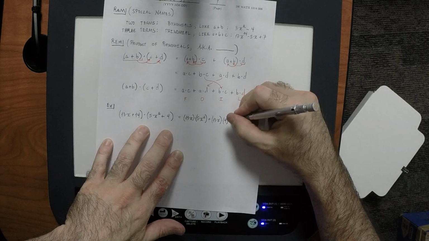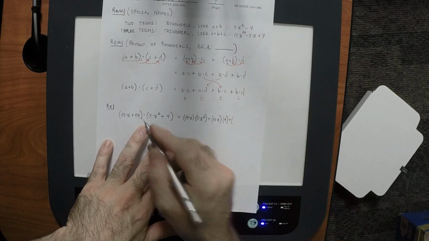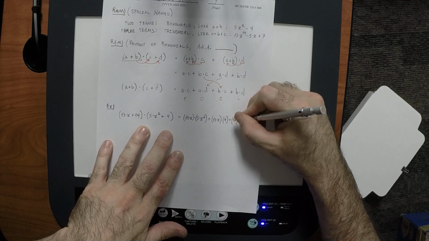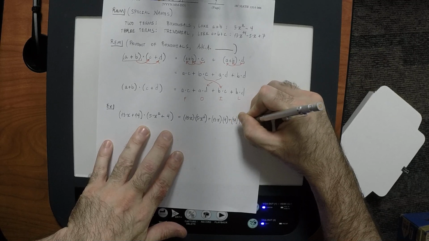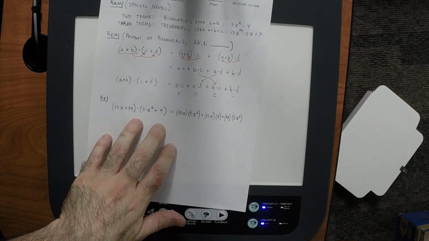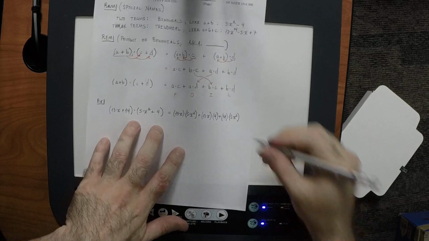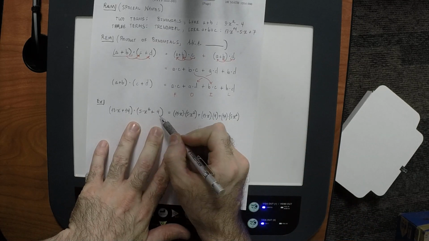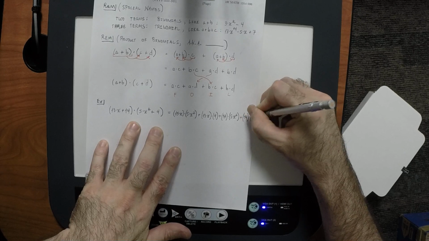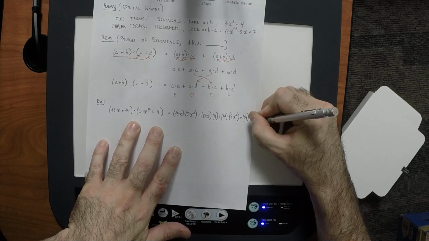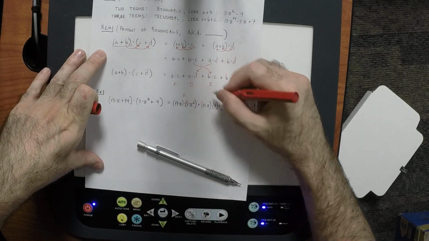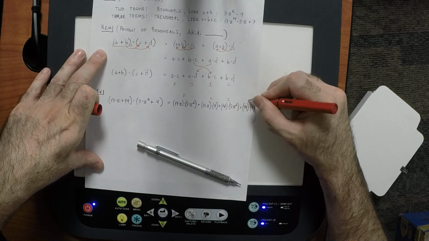The I terms, so that'd be 14 and 5x squared. And then the L terms, 14 and 4. Okay, so F, O, I, and L, right?